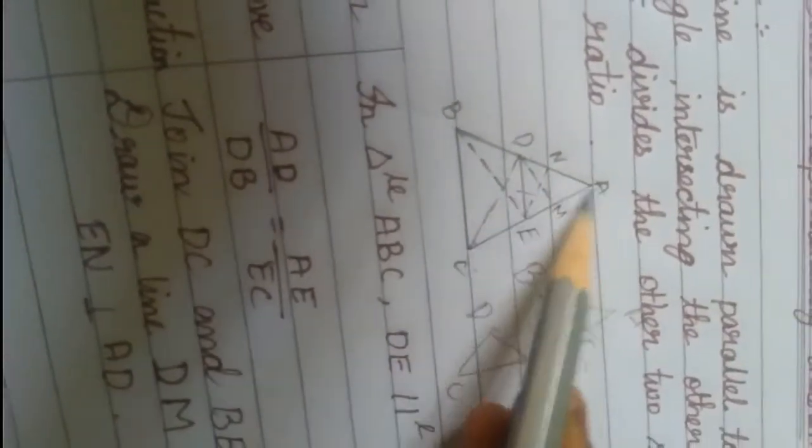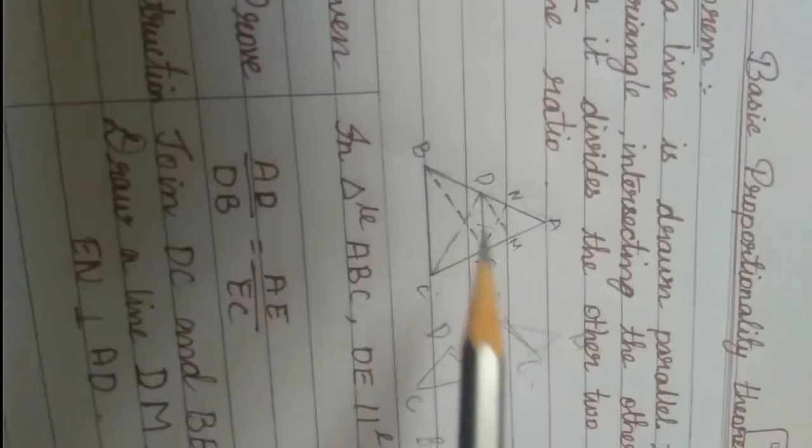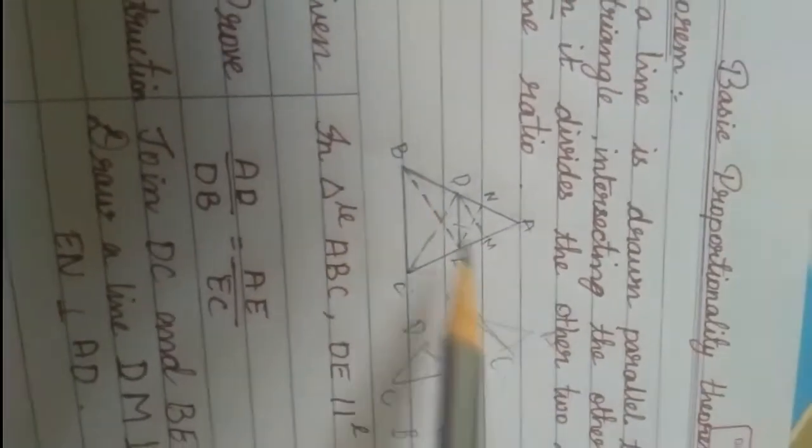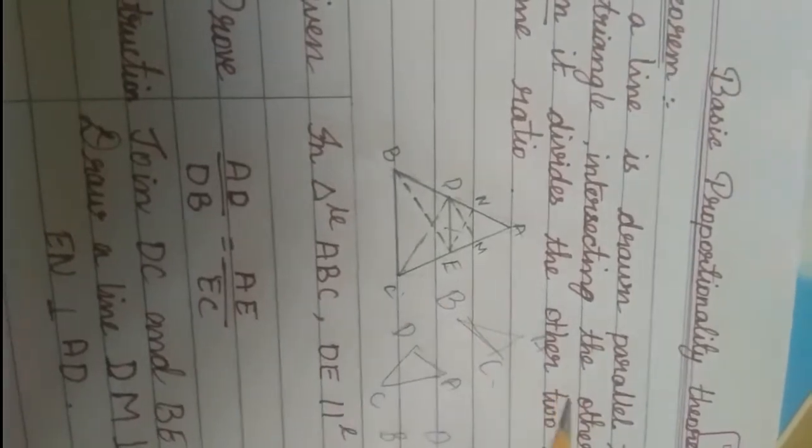When we prove that these two triangles' areas are equal, then we can prove that the ratios of the sides are equal.